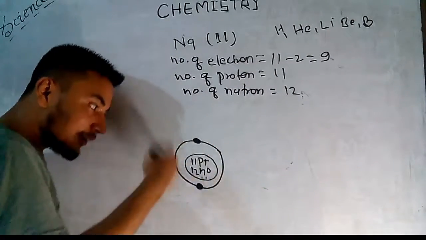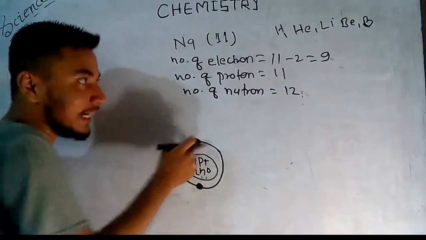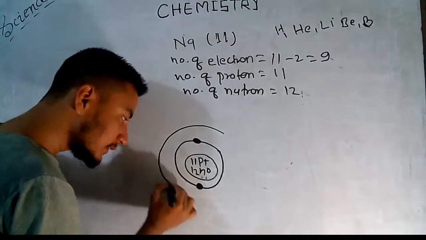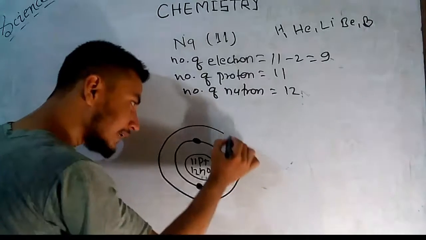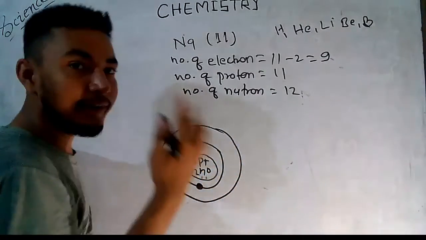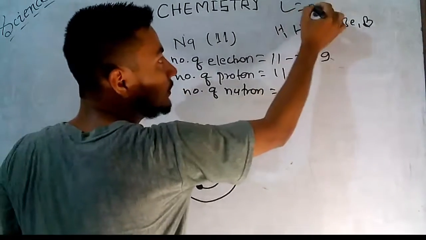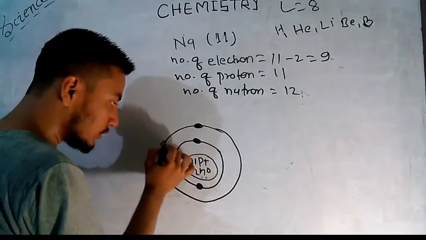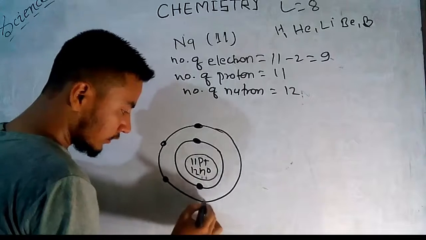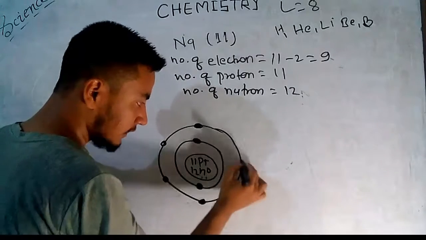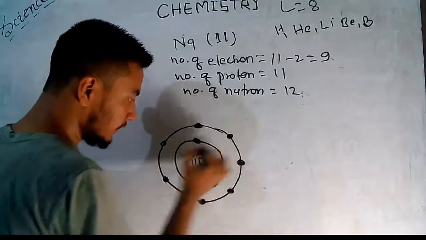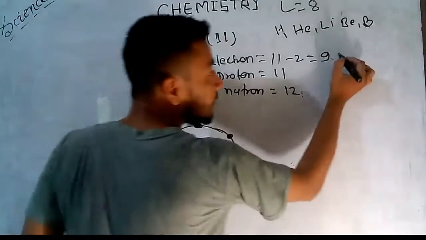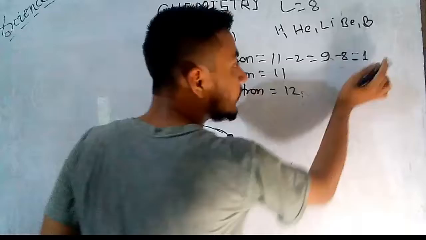Here we already put 2 electrons in the first shell, then the remaining 9 electrons, so we have to draw the next shell, that is the L shell. In the L shell how many electrons? L equals 8 electrons. So 8 electrons, 1, 2, 3, 4, 5, 6, 7, 8. And now how many remain? 1 electron.